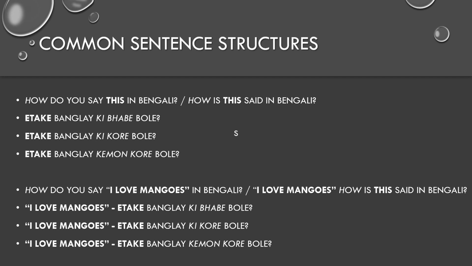I'm asking how to say this in Bengali. So I'm asking for the translation of the sentence. And again, all of the variants are fine. I love mangoes এটাকে বাংলায় কিভাবে বলে, I love mangoes এটাকে বাংলায় কি করে বলে, or I love mangoes এটাকে বাংলায় কেমন করে বলে.